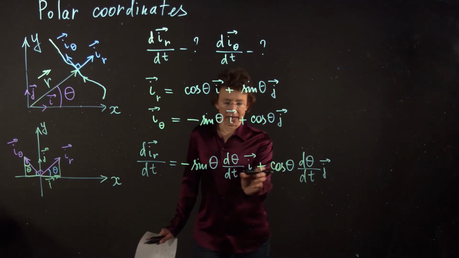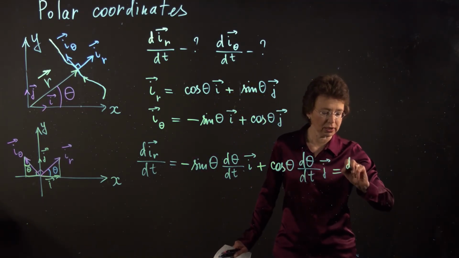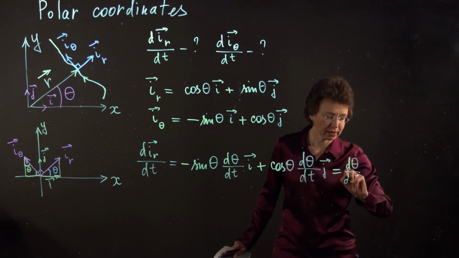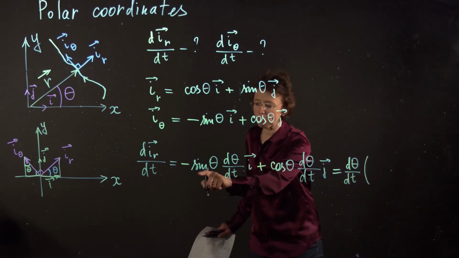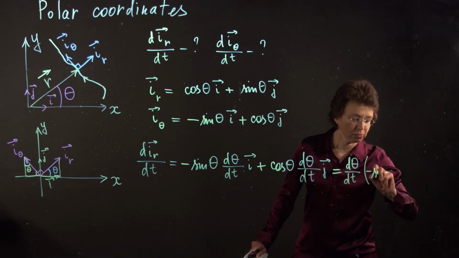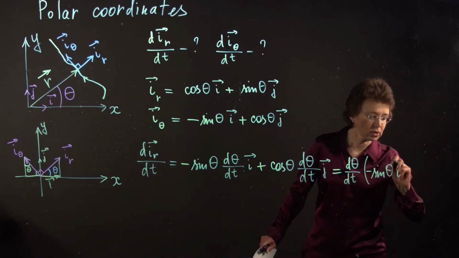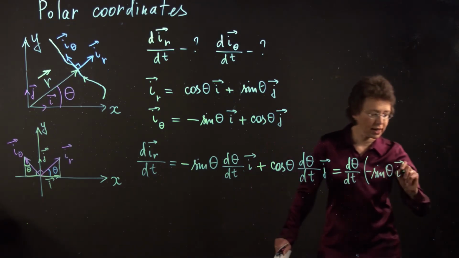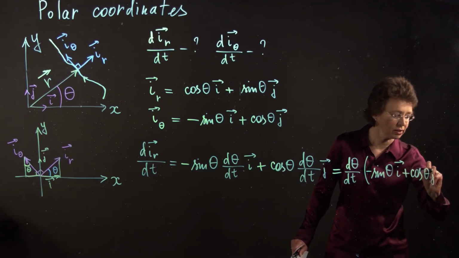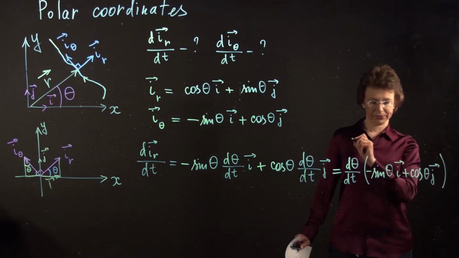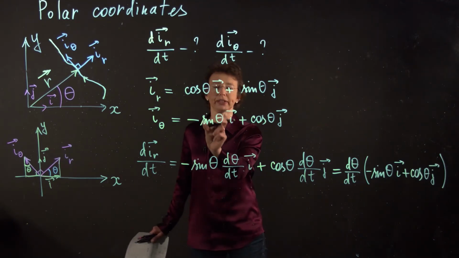Now let's look at this. Can I factor out d theta/dt? Yes, I factor out d theta/dt. And if I do that, what will be in parentheses? I will have minus sine theta i plus cosine theta j. But what is minus sine theta i plus cosine theta j?